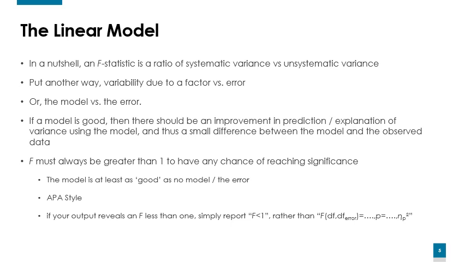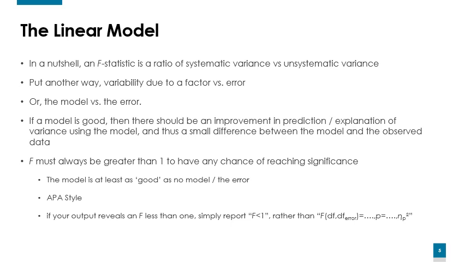So simplistically, this is essentially the variability due to a factor versus the variability due to error. Or alternatively, it is how much of your variance is explained by your model versus the error term. So the F statistic is also known as an F ratio because it literally examines the ratio of how much variance you can attribute to systematic factors or manipulations versus that which is due to individual differences or error.